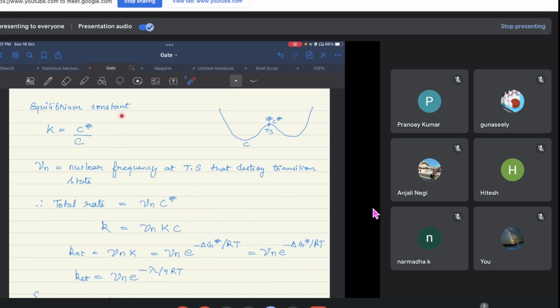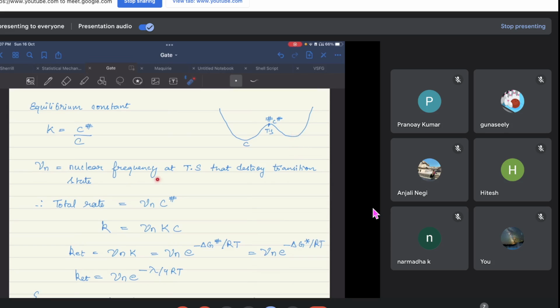The equilibrium constant in transition state theory you write as K is equal to C dagger upon C, where C dagger is the concentration of the transition state and C is the concentration of my reactant. This is your reactant side and this is your product side of the potential energy surface.